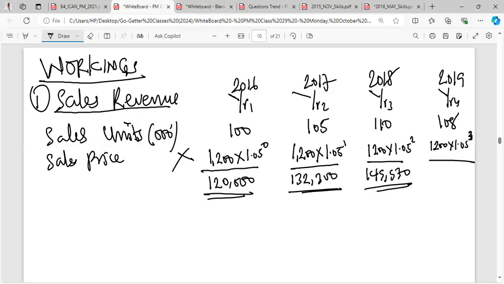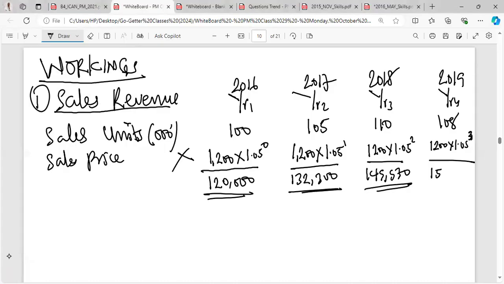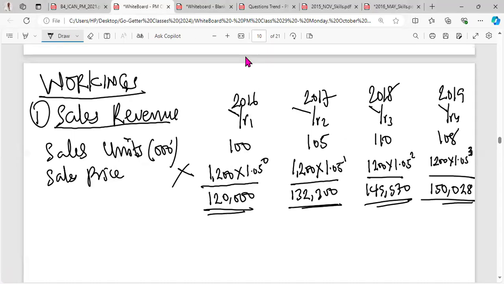All right, the last one here is 1.05 raised to power 3. Multiply that by 1,200 and multiply it by 108. That gives you 150,028. Take away that point. You want to convert it.